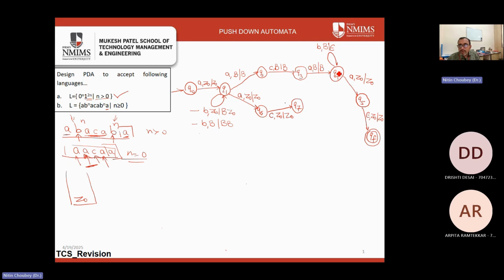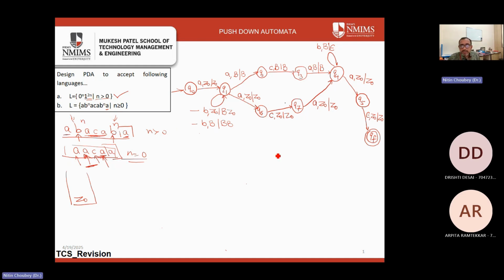We have shown the transition from Q4 to Q5. So we can directly connect from here to this case, wherein we have A coming after this C, and on the stack top we have Z0. So ultimately this is the case.